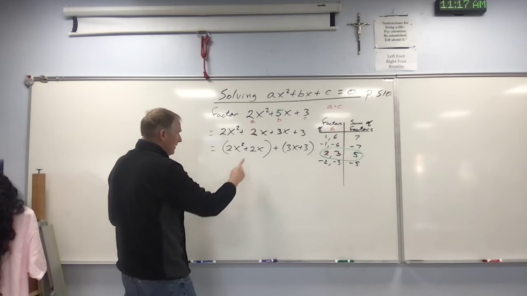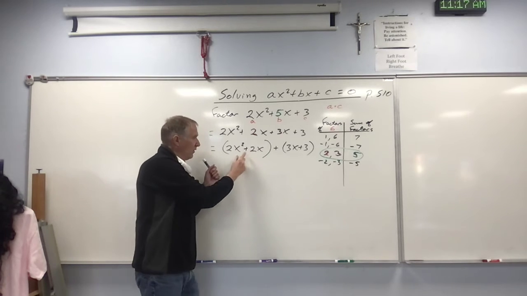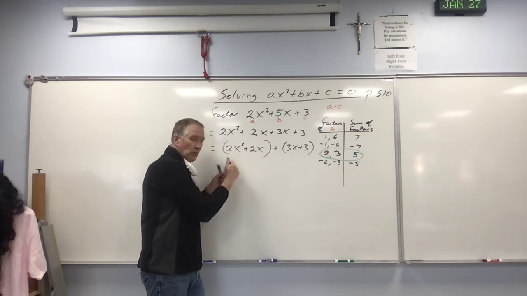Why did I do this? I can factor out. Notice that this term right here is 2x times x, and this is 2x. These two terms have 2x in common.